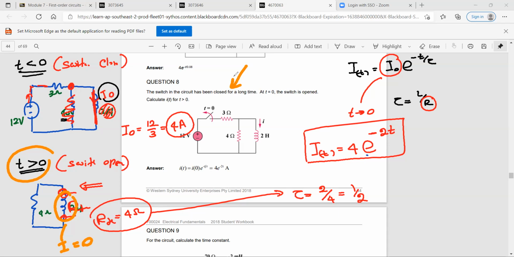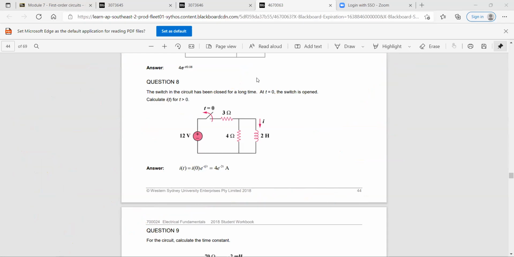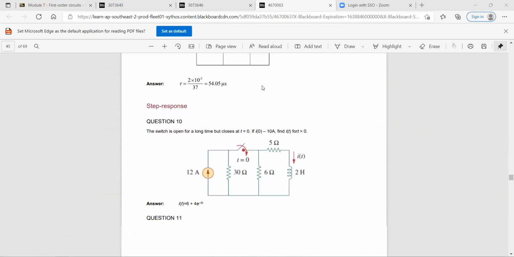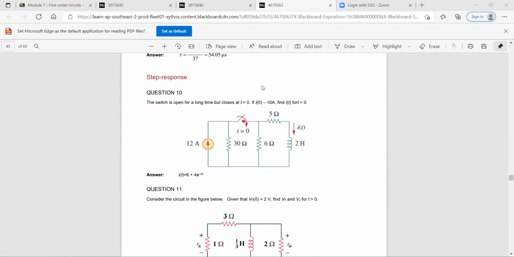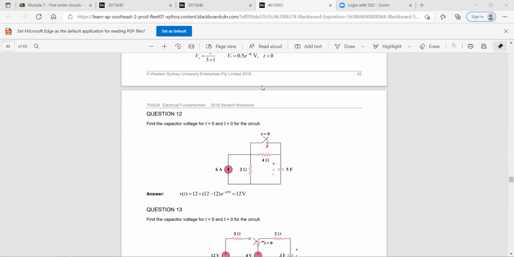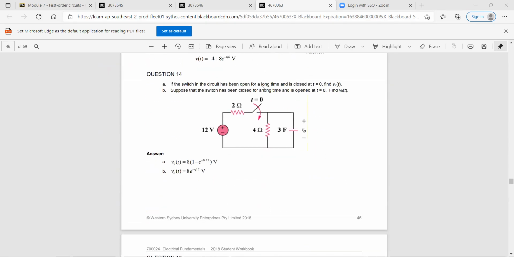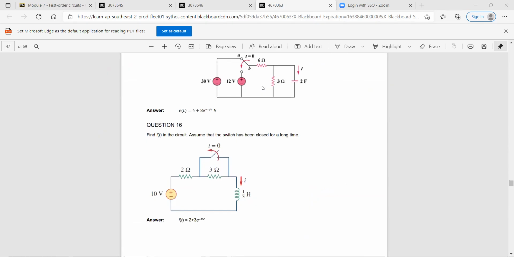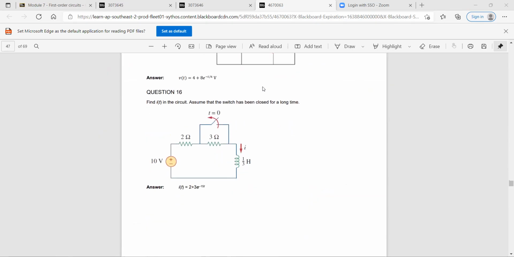But there are situations where the inductor is not fully discharged. Let's do a question like that, like we did with the capacitor. If you consider this circuit, guys, it's a bit different from the previous one.